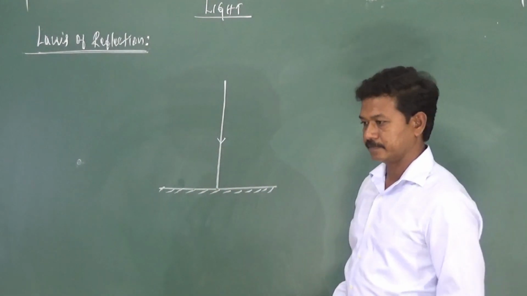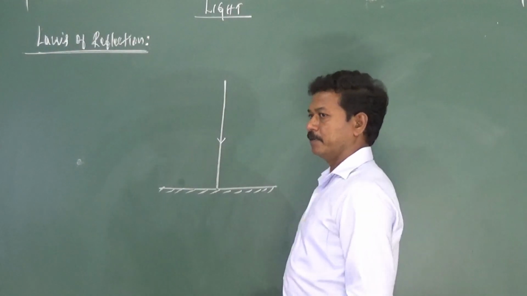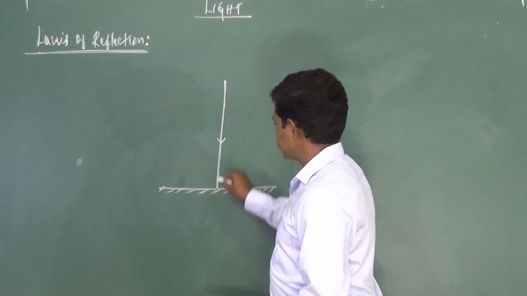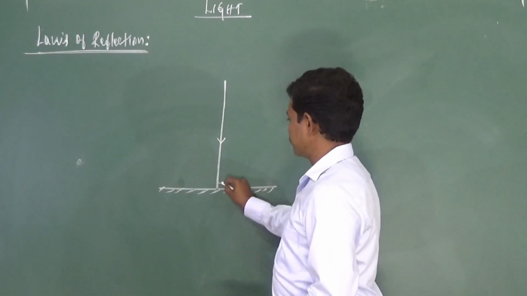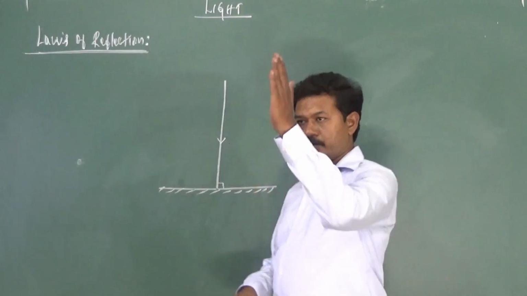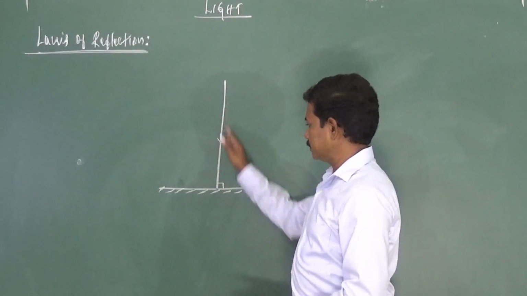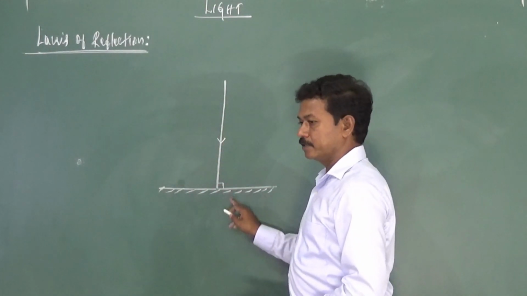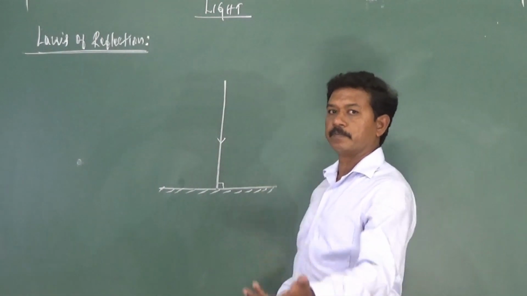Why do we use the word normally? Because a normal is drawn always perpendicular to the mirror. Therefore, the light ray is also falling on the mirror normally, which means the light ray is falling perpendicular to it, making an angle of 90 degrees to the mirror.